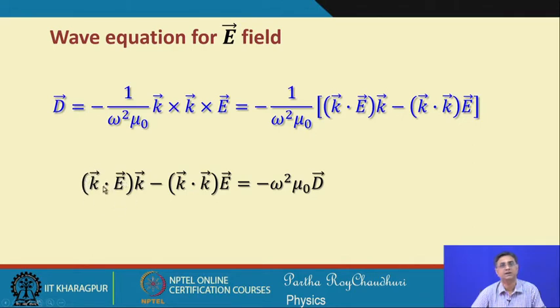We have seen that the direction of propagation and the electric field are mutually orthogonal to each other. So, therefore, this quantity does not arise. So, we can write that equation: minus k square E is equal to minus omega square mu naught D.